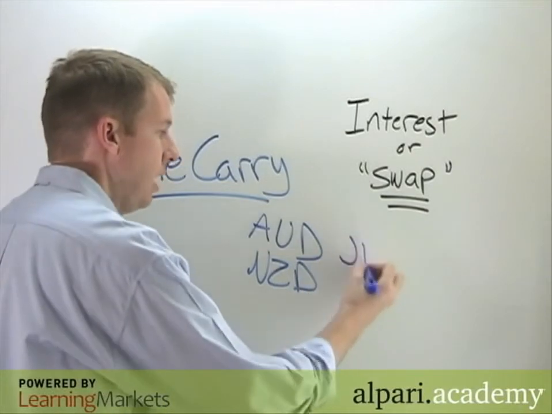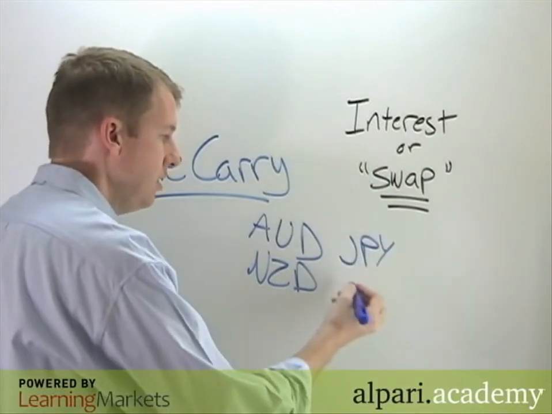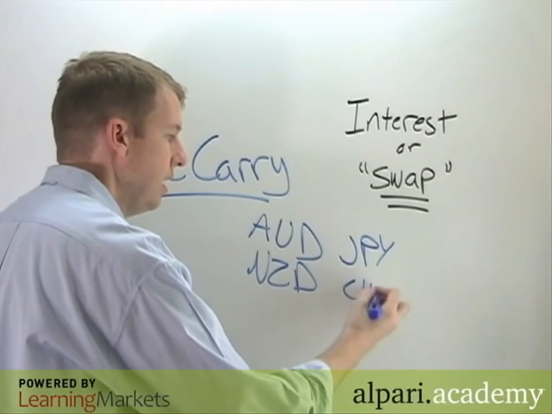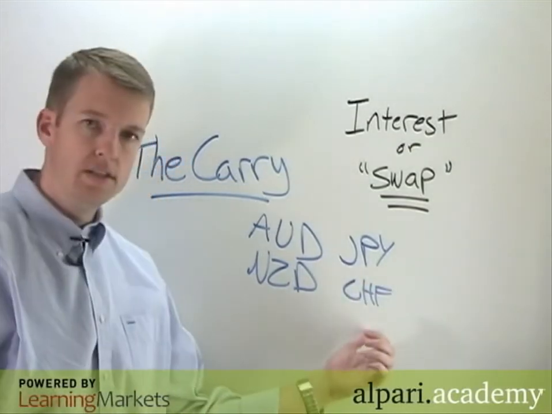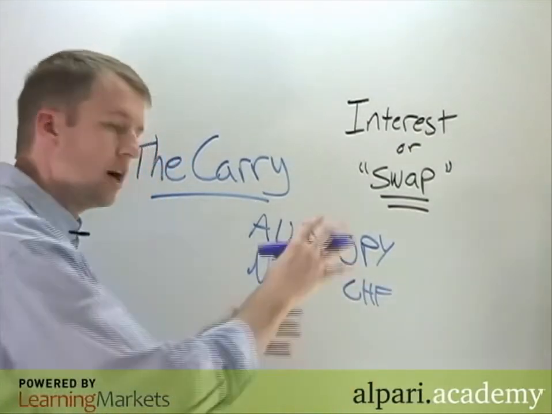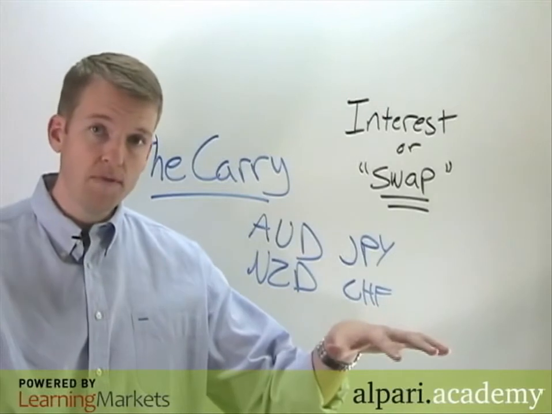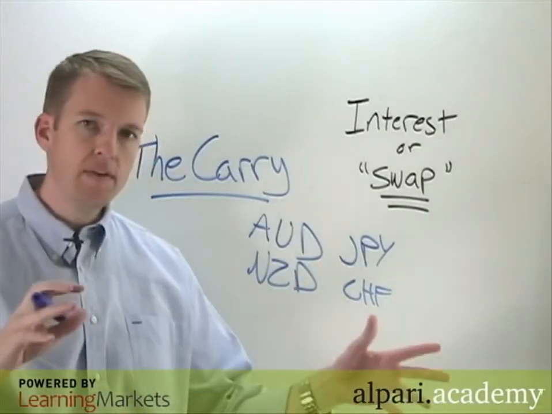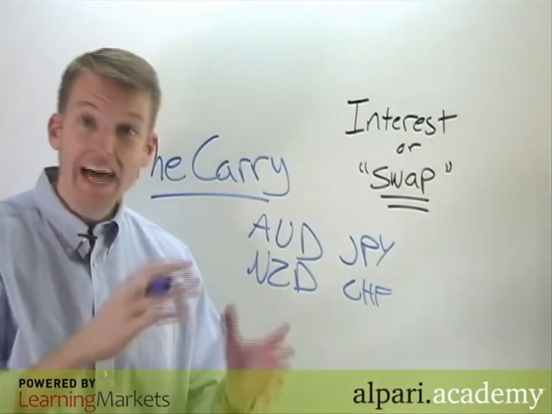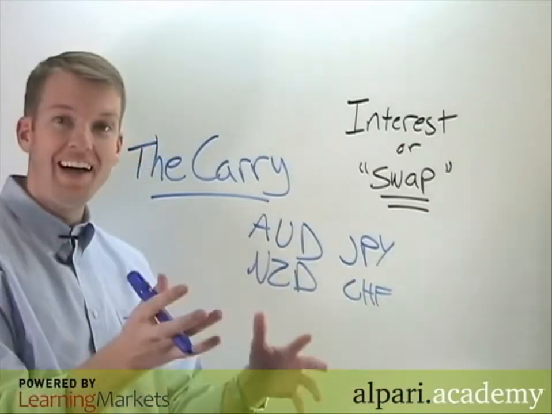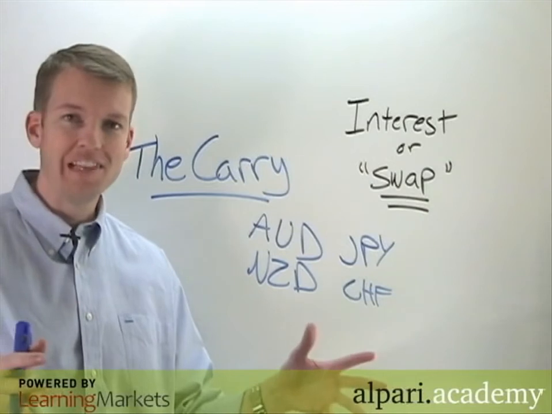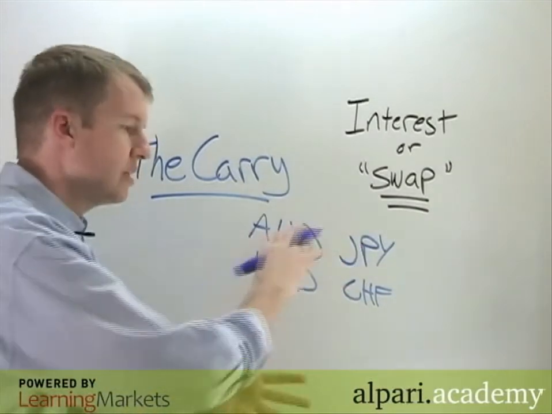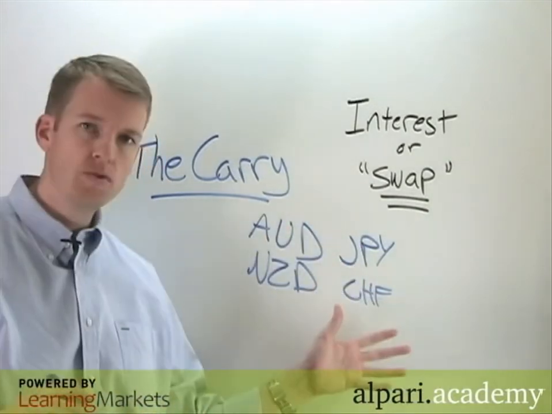They'll be short the yen, short the franc, some of these low yielding currencies on the other side. What they're trying to do is diversify their portfolio and not get too leveraged, so they're taking advantage of several different currency pairs and not just concentrating on the euro yen or the pound yen like many traders did over the last few years. So this is something to keep in mind, as this is a potential strategy.